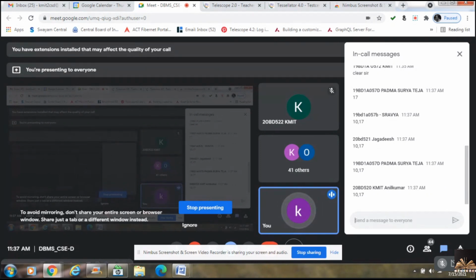Then which element would you push to the top? Is it 10 or is it 17? Why 10, Rohit?